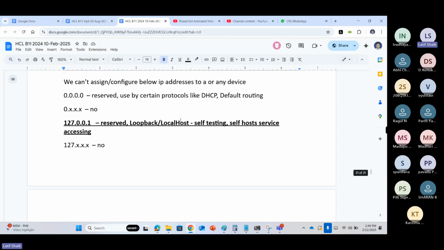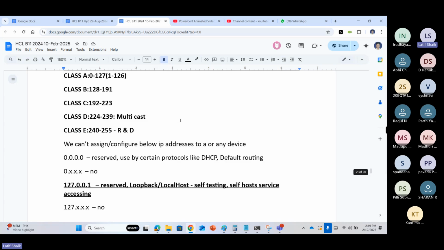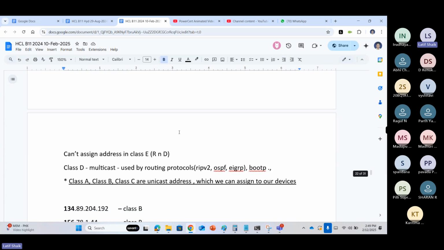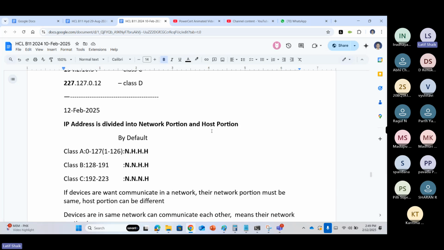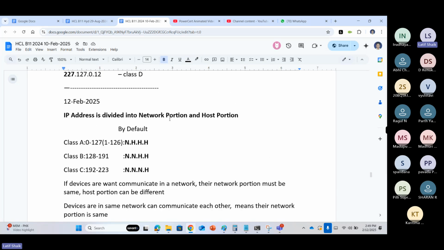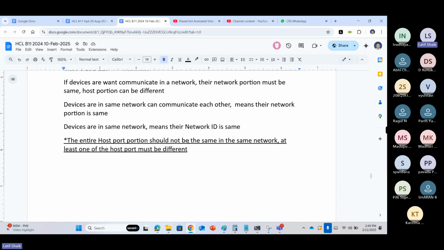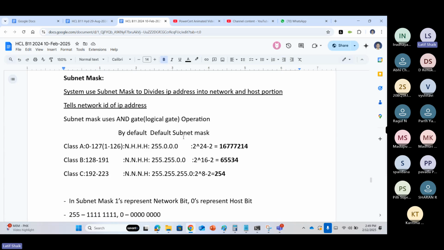So what we discussed: IP addresses, IPv4 classes, and how to identify which class an IP address belongs to. We discussed network and host portions, and the subnet mask, which divides your IP address into network and host portions.